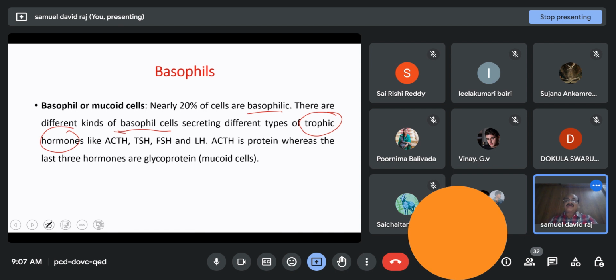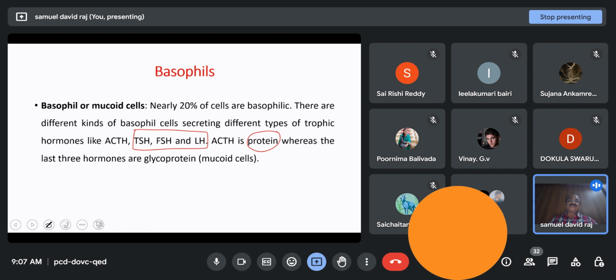Number one, adrenocorticotrophic hormone, thyroid stimulating hormone, also called thyrotrophic hormone or thyrotropin, follicle stimulating hormone and luteinizing hormone, both of which are called gonadotrophic hormones or gonadotropins. Adrenocorticotropic hormone is a protein, whereas these three are glycoproteins.